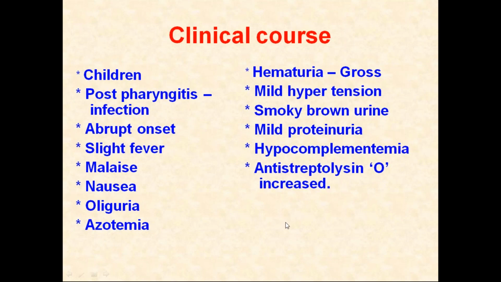So most commonly you see it in children presenting with post-pharyngitis infection, acute onset with fever, malaise, oliguria, azotemia, hematuria, hypertension, smoky brown urine, mild proteinuria, hypocomplementemia, and raised anti-streptolysin O.